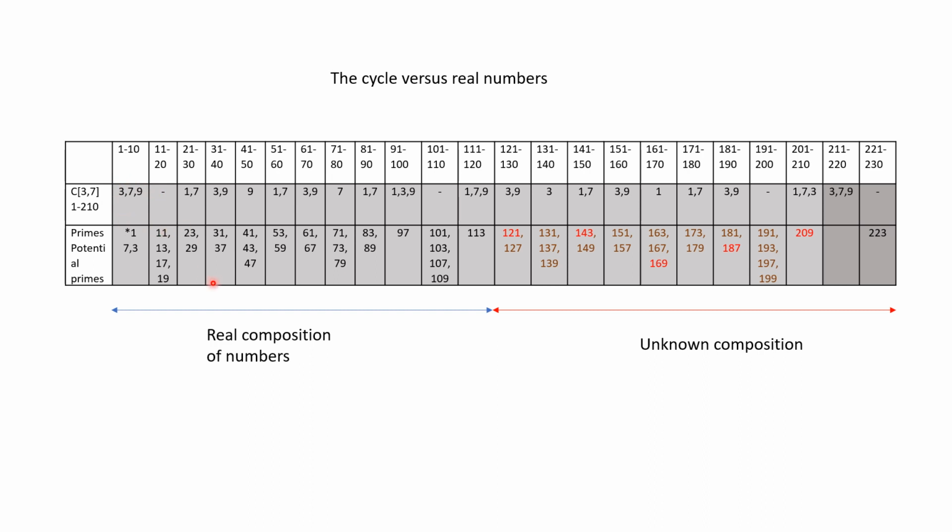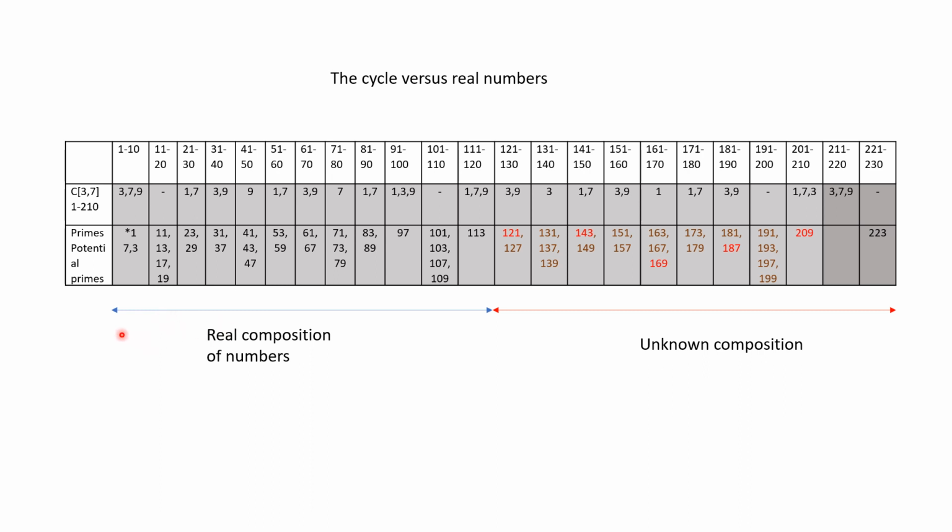But in the first 10, they will be primes, the 3 and the 7. Okay? So they are like primes here. The number 1 is an exception always in every cycle of primes, because it will be a potential prime in the first 10 of every iteration of every cycle.